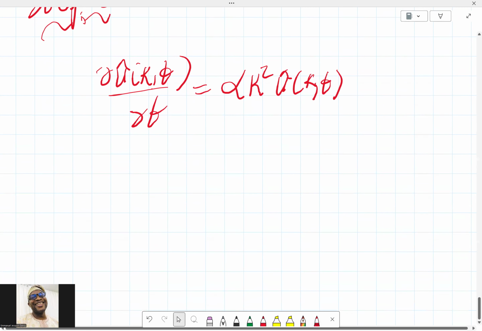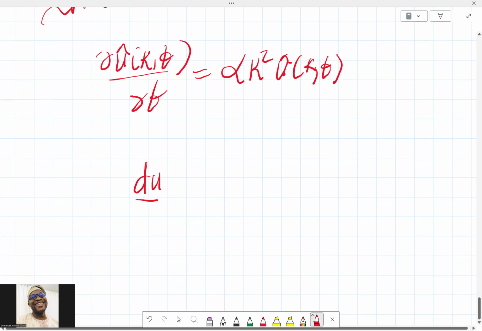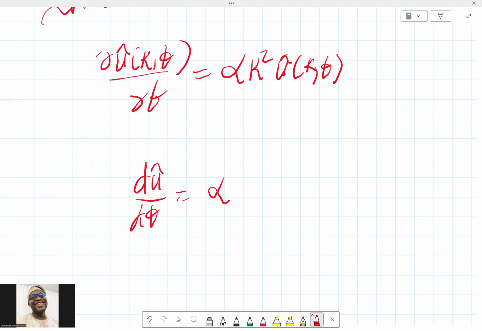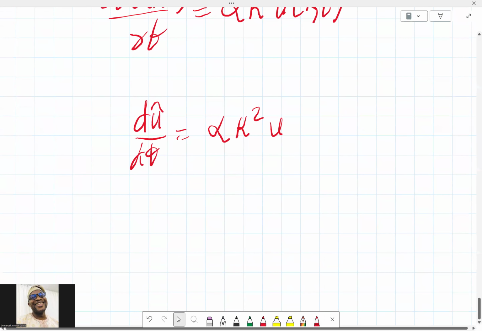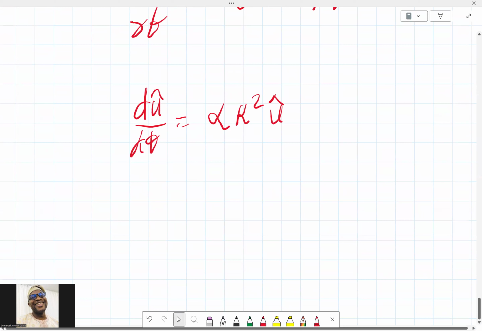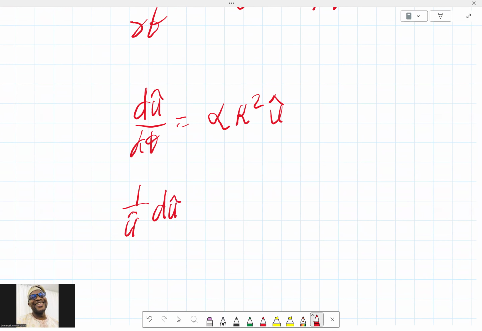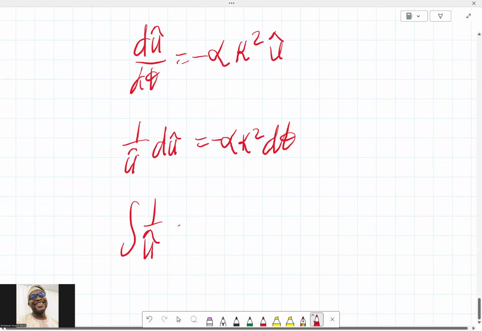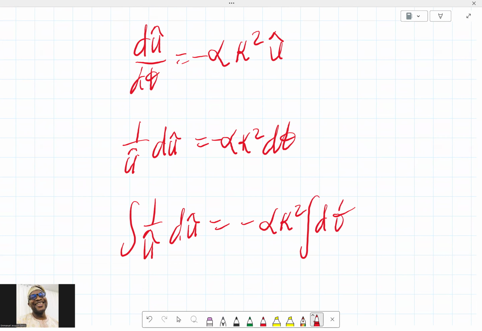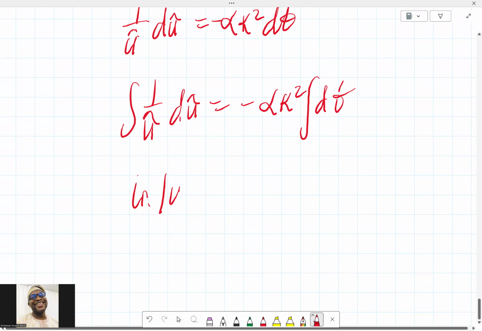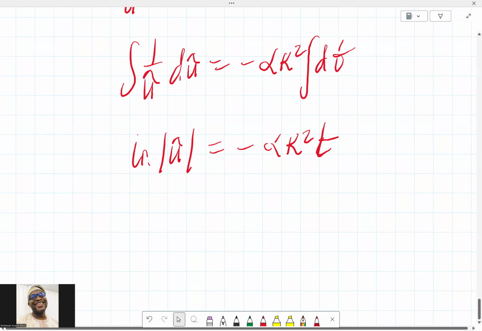To simplify, du cap dt equals minus alpha k squared u cap, and we can just separate variables. We have 1 over u cap du cap equals minus alpha k squared dt. Then we integrate: the natural log of the absolute value of u cap equals minus alpha k squared t. This is just a straightforward thing.